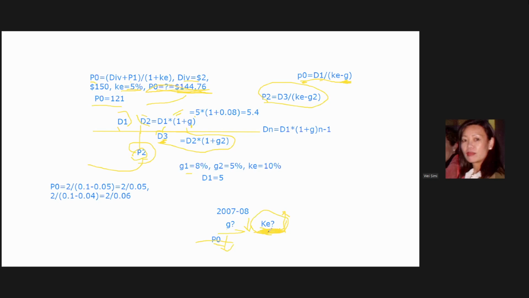If you compare Apple and GE, and GE is more risky than Apple, then GE's required rate of return should be higher because they are more risky. So when risk is coming, this goes to the roof, going upward.